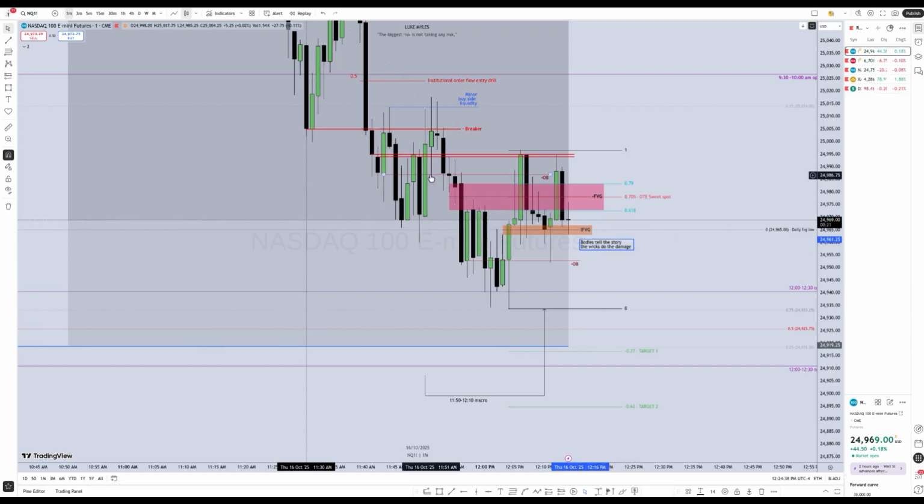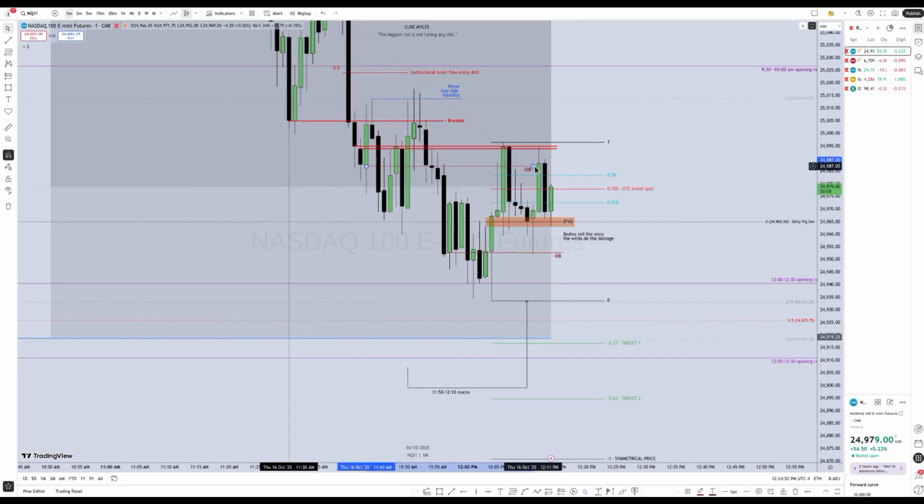You're going to be shown we are trading into the sweet spot. The market might drive back into the volume imbalance. The macro is done for 11:50 to 12:10. The macro is done.